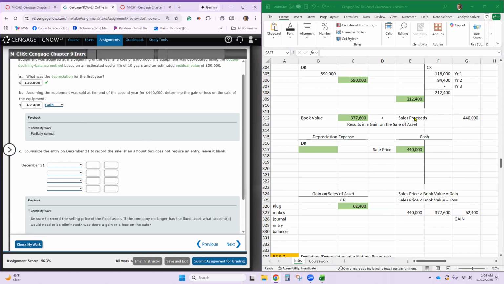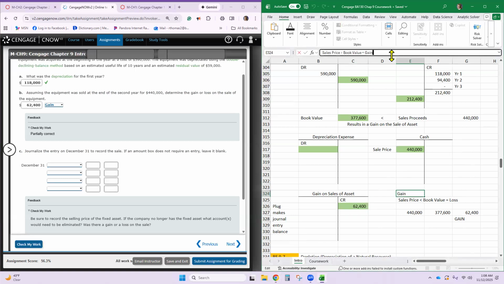I have it backwards as far as where they're at, but the greater than is here. If the sales price is smaller than the book value, you'll have a loss. A gain has a credit normal balance, and a loss has a debit normal balance.